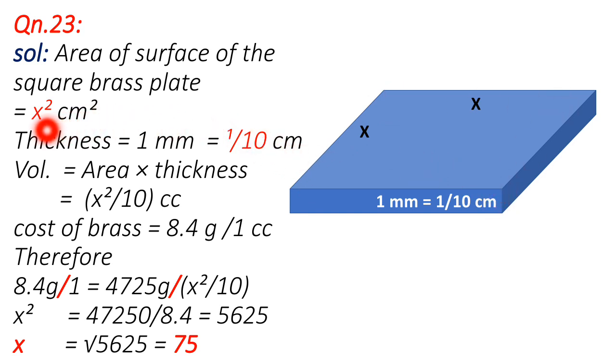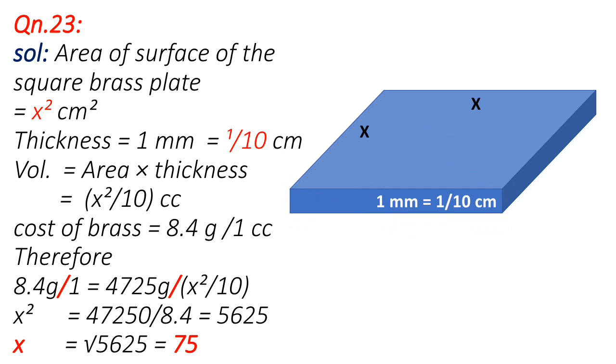So 1 mm can be converted into centimeter as 1 by 10 centimeter, and the side is given as x centimeter, correct. If we want to calculate the surface area, that will be x into x, that is x square centimeter. Remember one thing, when we want to get the volume, we just multiply that area with the height or depth, correct. Here this area is uniform for each height, continuous up to 1 by 10 centimeter.